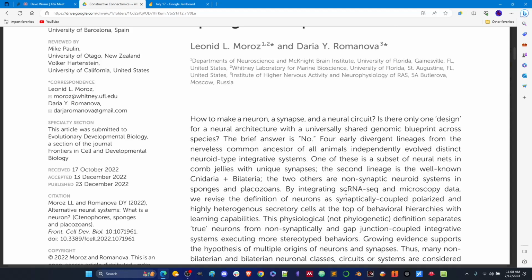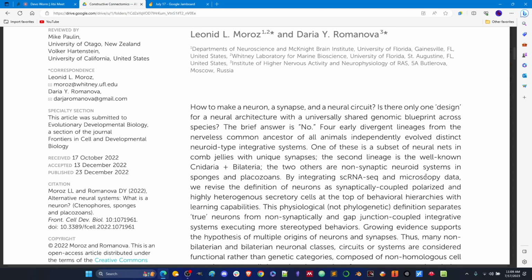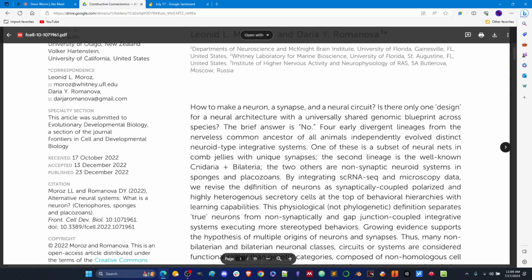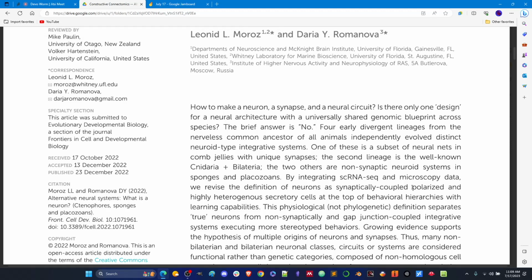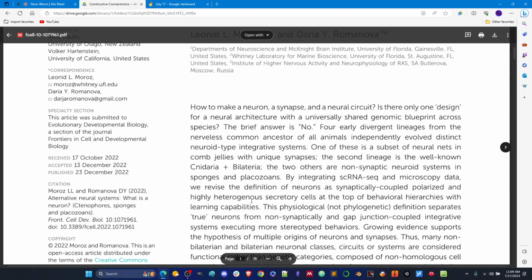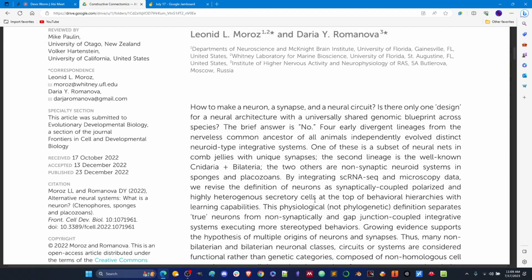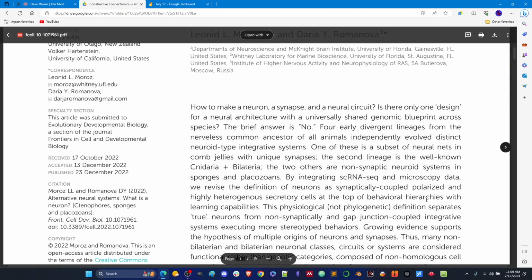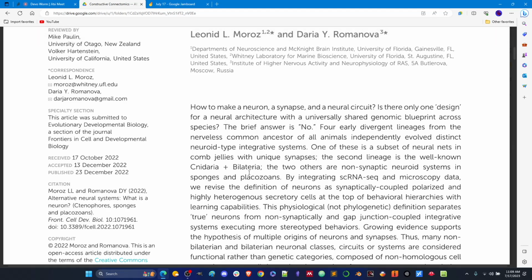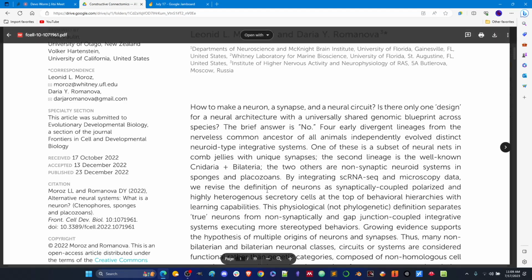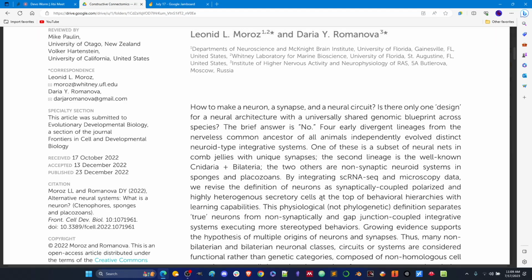By integrating scRNA-seq data and microscopy data, we revised the definition of neurons as synaptically coupled, polarized, and highly heterogeneous secretory cells at the top of behavioral hierarchies with learning capabilities. That's a mouthful. The first part of this definition is synaptically coupled, polarized, and highly heterogeneous secretory cells.